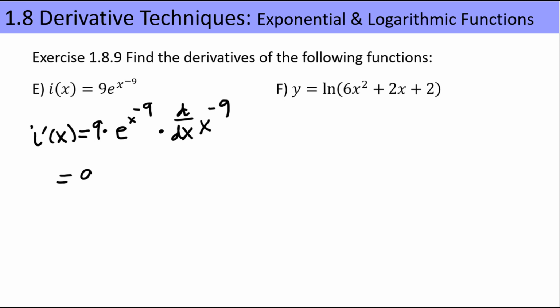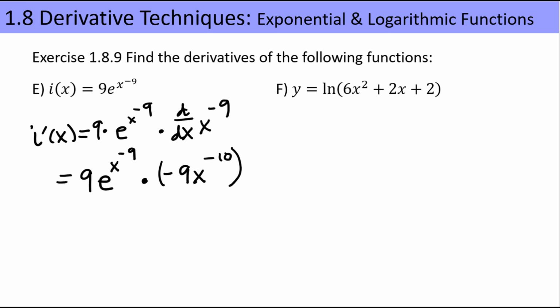Let's continue. 9 times e to the x to the negative 9 times, and now the derivative of x to the negative 9 would be, bring down the negative 9, then we have x to the power of negative 9 minus 1 would be negative 10.